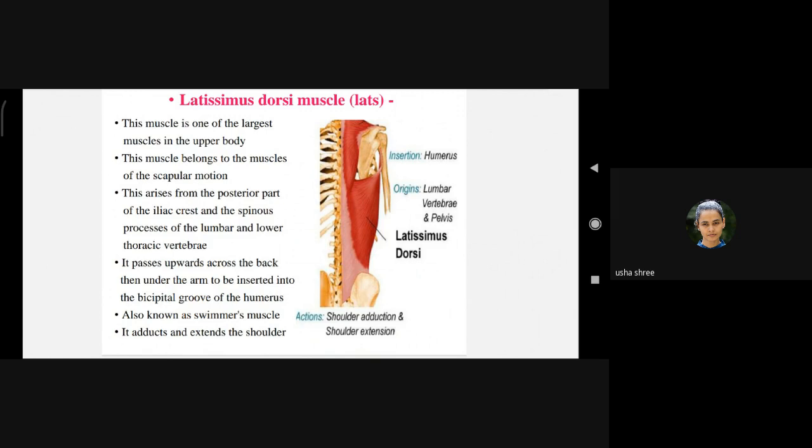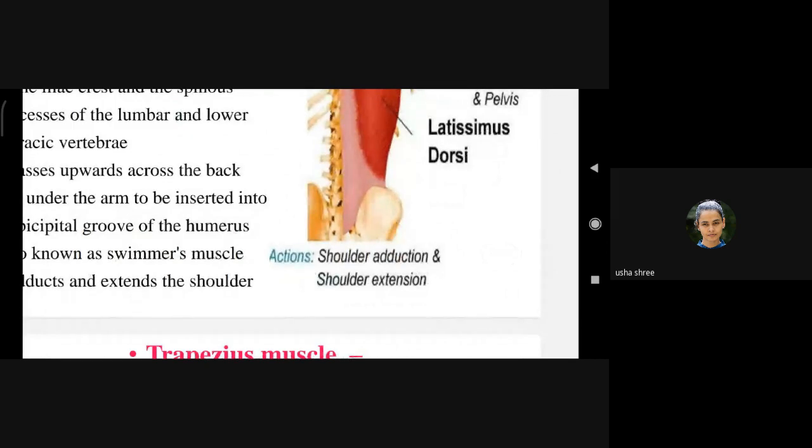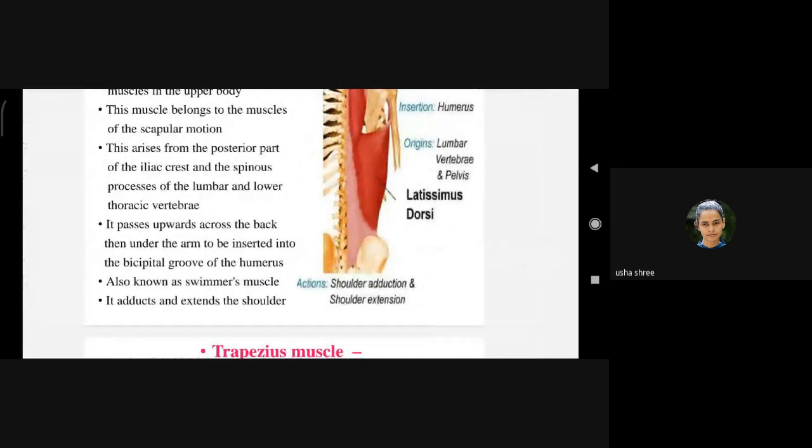It is originating from the lower portion, the bottom of the back, because it is originating from the hip bone too, the ilium, the iliac crest and the lower vertebrae. So it originates from the lower back, crosses our back and is inserted into our humerus.